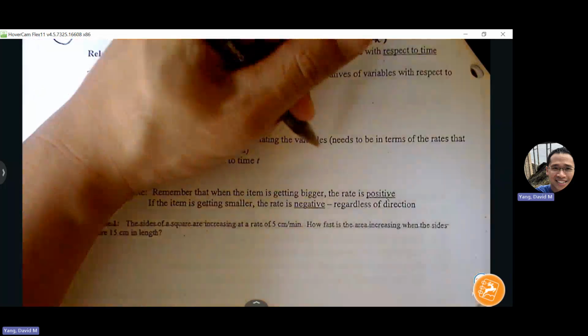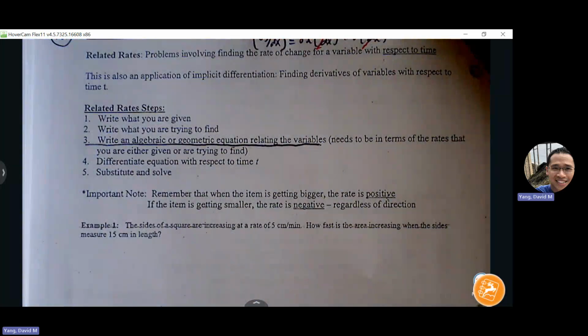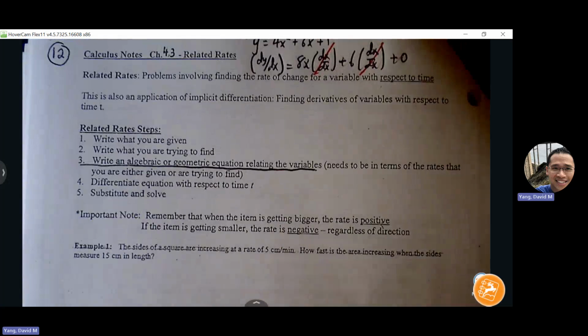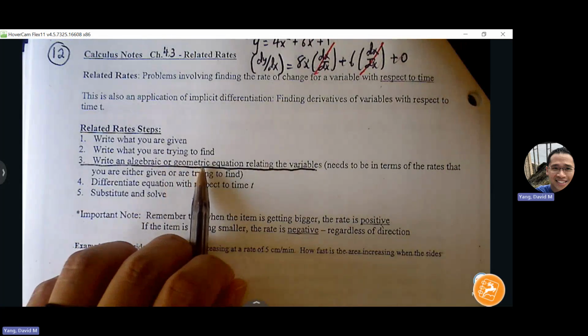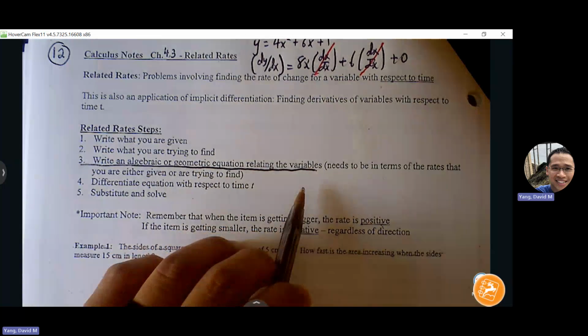And this is key here. We're always creating an algebraic or geometric equation. We're always starting off with some foundation, some equation that you know, or an equation that they're giving you, and then you're building the derivative equation out of that. So it's always some algebraic or geometric equation that you recognize, and then you're building that slope formula or that rate of change relationship from that equation.